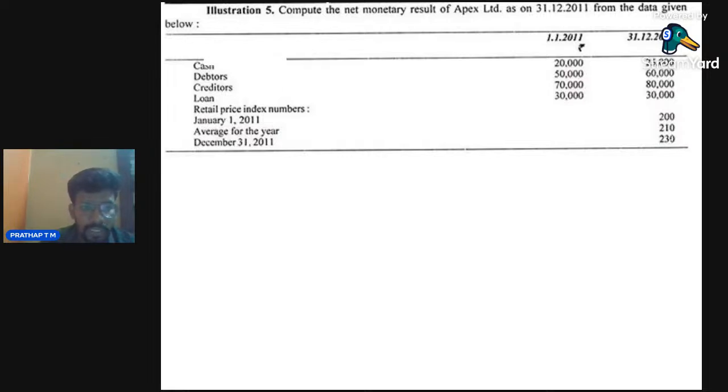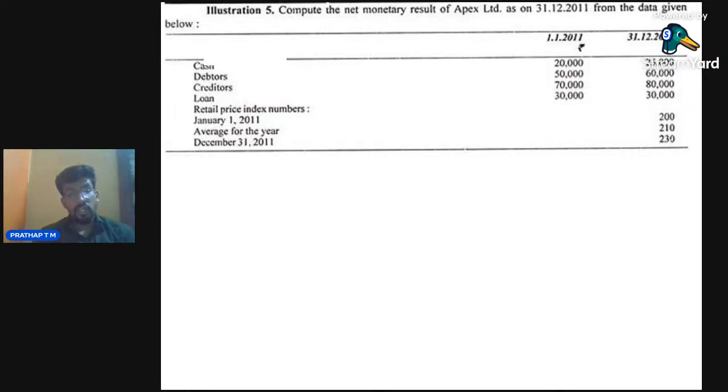Here I'm also taking an index value: opening which they have given is 200, average 210, and closing is 230. Opening, average, and we can consider it as closing.